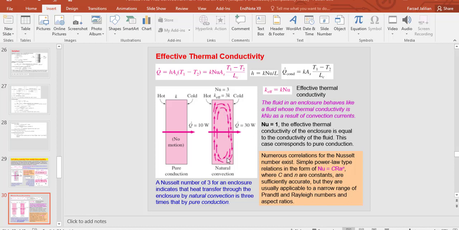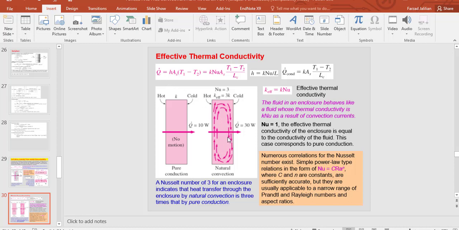We can imagine that this convection heat transfer has increased the thermal conductivity of this enclosure. In other words, we can find a new thermal conductivity for our system or for the fluid.